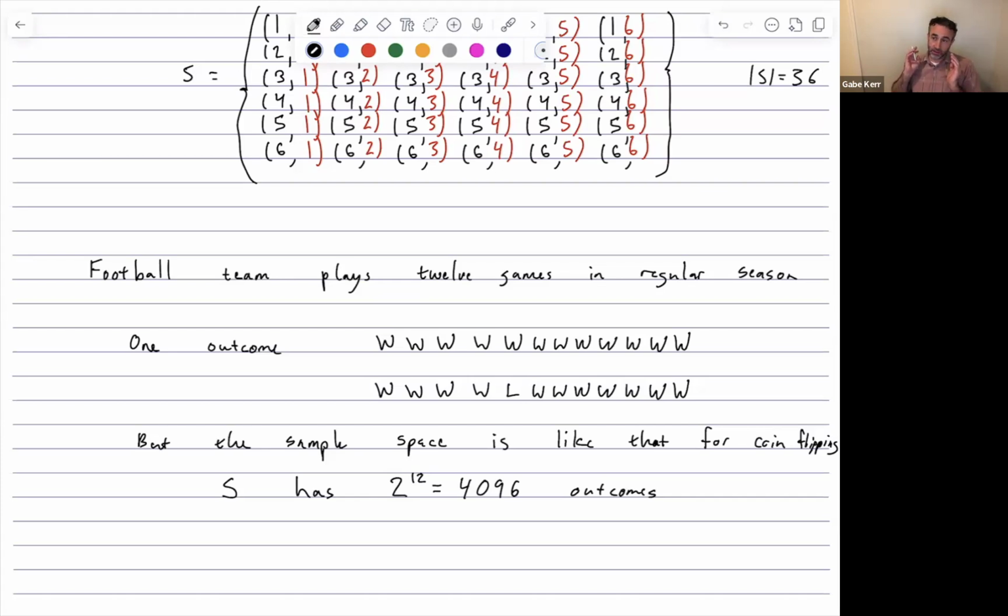Nonetheless, even though it's a big number, it's a number that you can work with and compute, even in very, very complicated cases. Okay, next video, we'll talk a little bit about what an event is and how we can ask some questions in plain English about our outcomes and translate this into mathematics and subsets of our sample space.